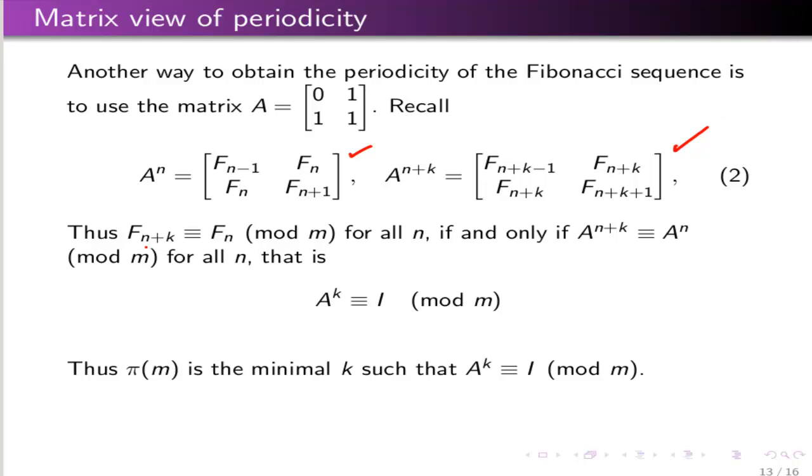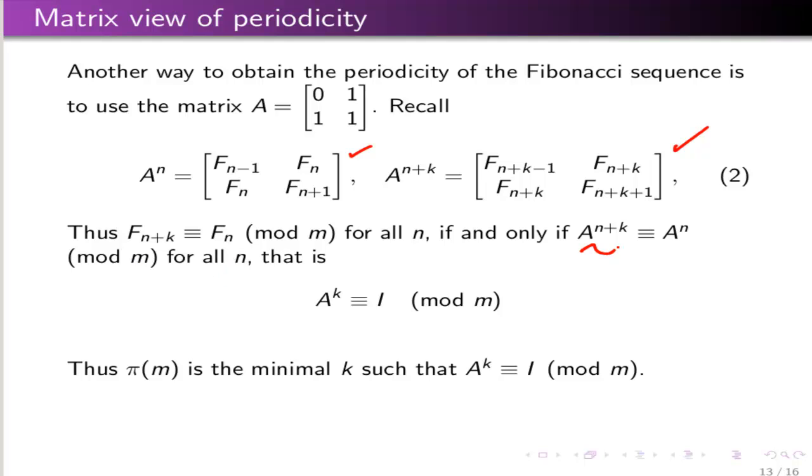And so if it is periodic mod m with F_(n+k) congruent to F_n, that would mean that A to the n plus k is congruent to A to the n mod m for all values of little n.